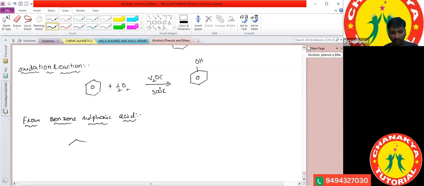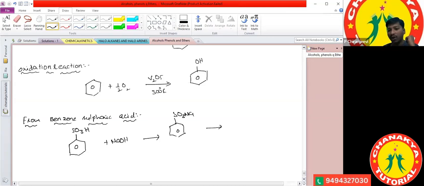First, benzene sulfonic acid undergoes basic hydrolysis. The molecular formula of benzene sulfonic acid is benzene SO3H. First it is treated with NaOH, forming sodium benzene sulfonate, SO3Na.